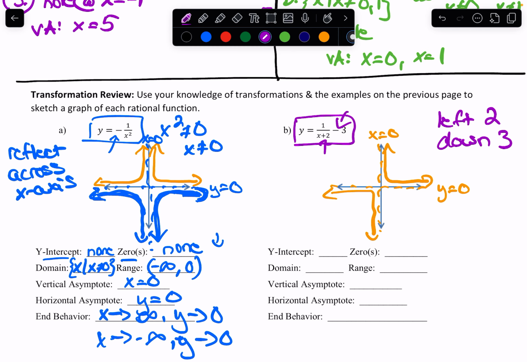So now we can look at the parent function here and figure out the asymptotes. We're going left 2, so our asymptote is going to have to be x equals negative 2, right? So that's our vertical asymptote. Now our horizontal asymptote goes down 3, so that's going to move somewhere here, y equals negative 3.